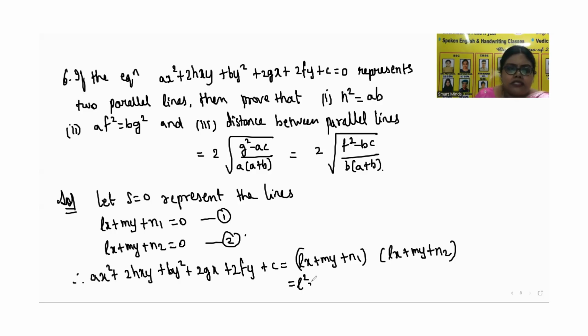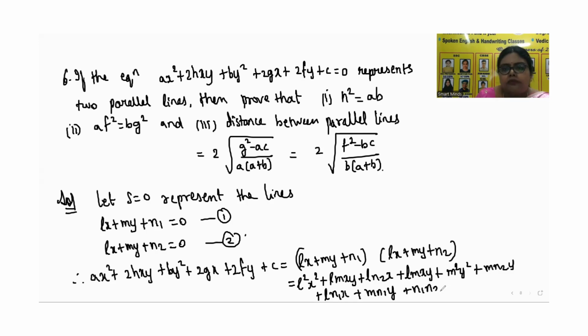So we get l²x² plus lmxy plus ln2x plus lmxy plus m²y² plus mn2y plus ln1x plus mn1y plus n1n2.